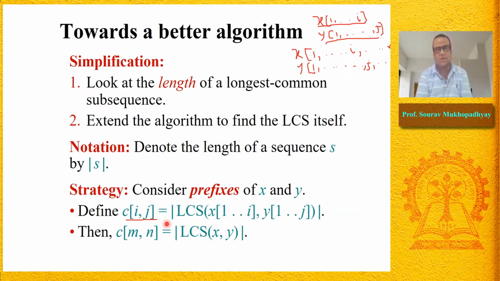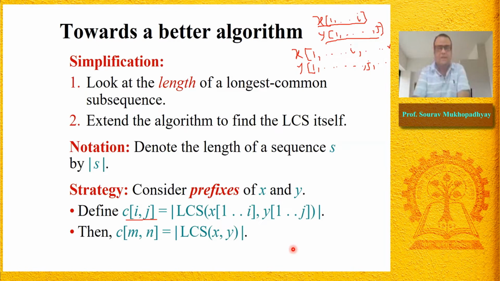And why are we done? Because once we get all Cij's, then from there we can get Cmn, which is what we are looking for. We are looking for the length of the longest common subsequence of the whole sequence x and y. So that is our Cmn.